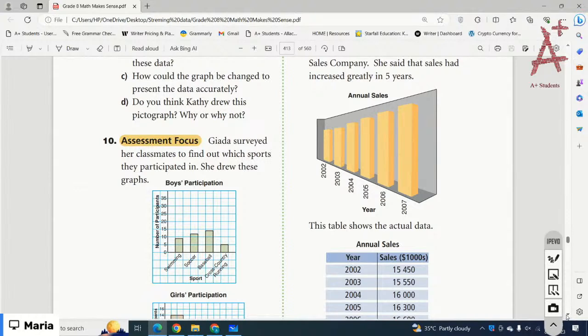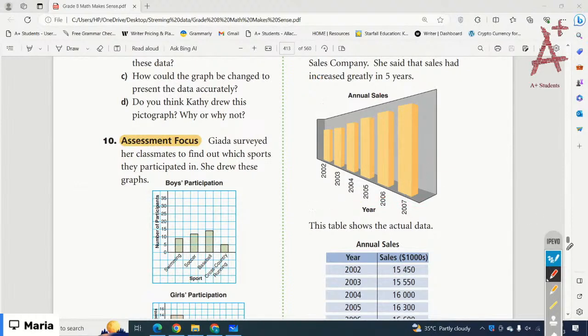Because the graph is slanted, right? Making it look like the data points on the left are much smaller than the data points on the right. They could start from a straight line.